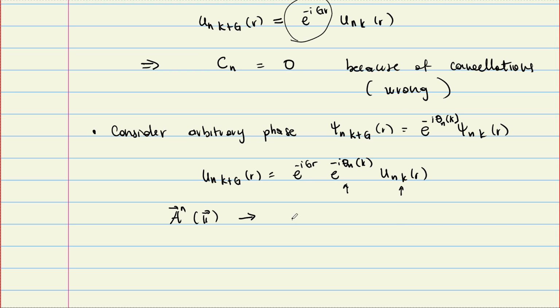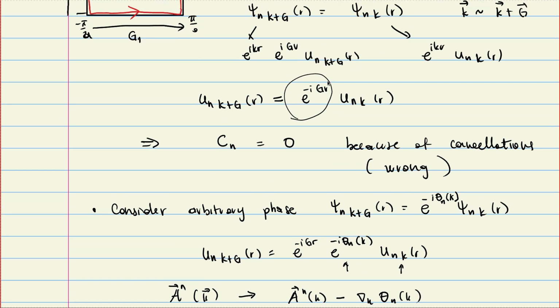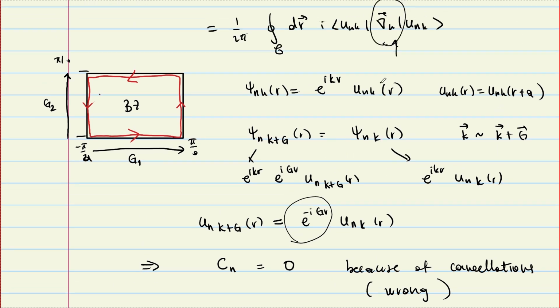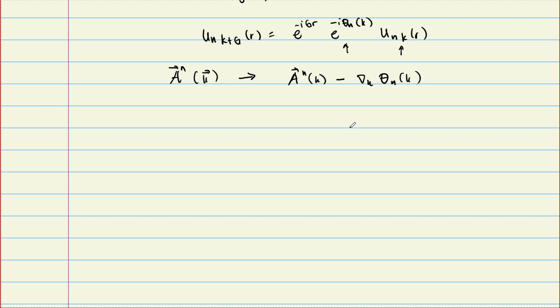One term is going to bring you back to exactly the same a_n(k), and the second term is going to bring a gradient of θ_n(k). I think we have done this exercise. Hopefully that's trivial. Oh, there's a minus i here, plus i here. It's going to be a plus.